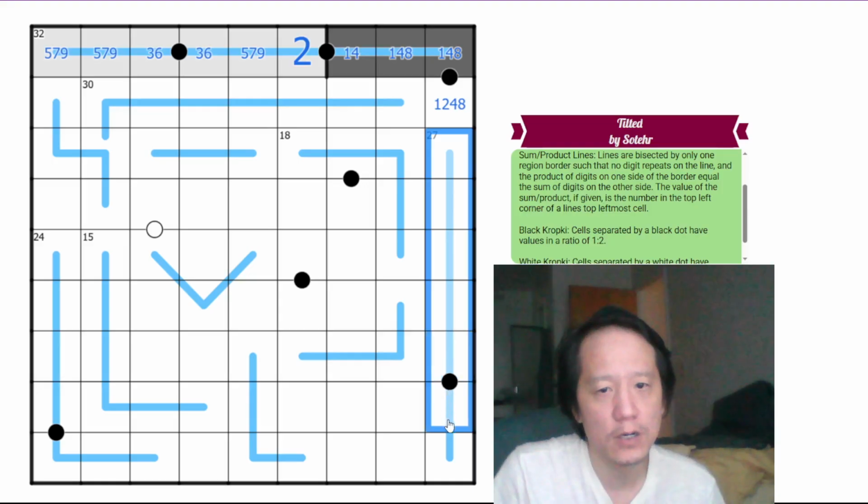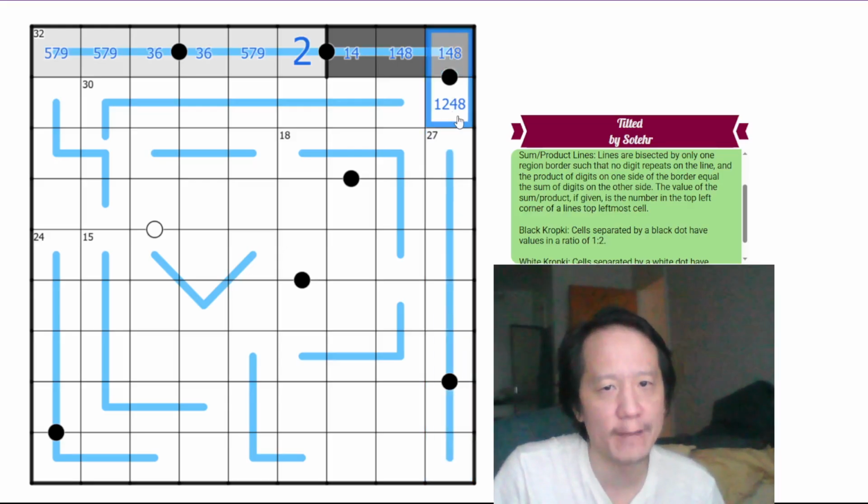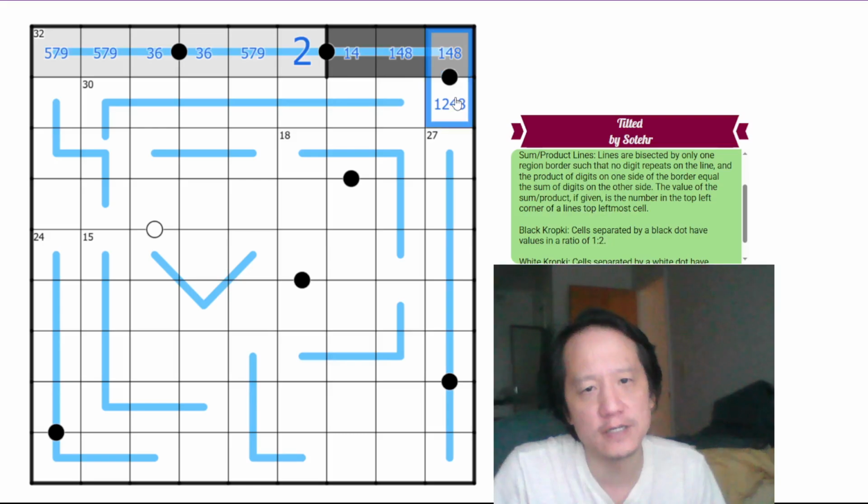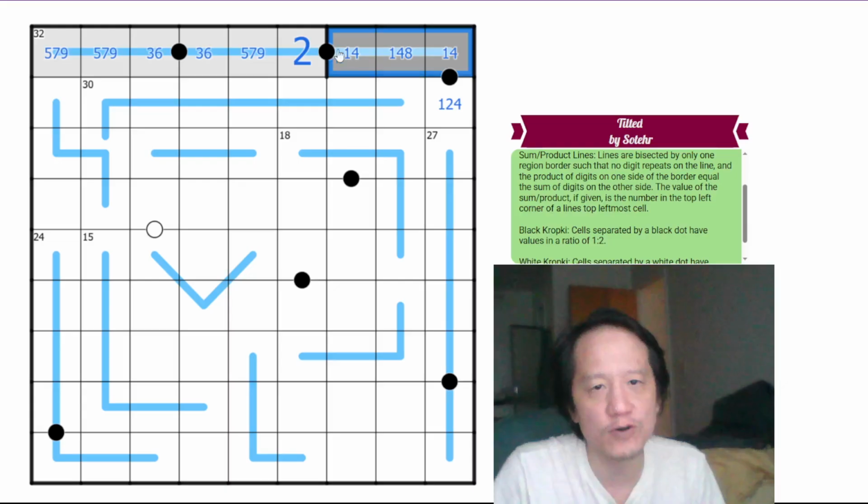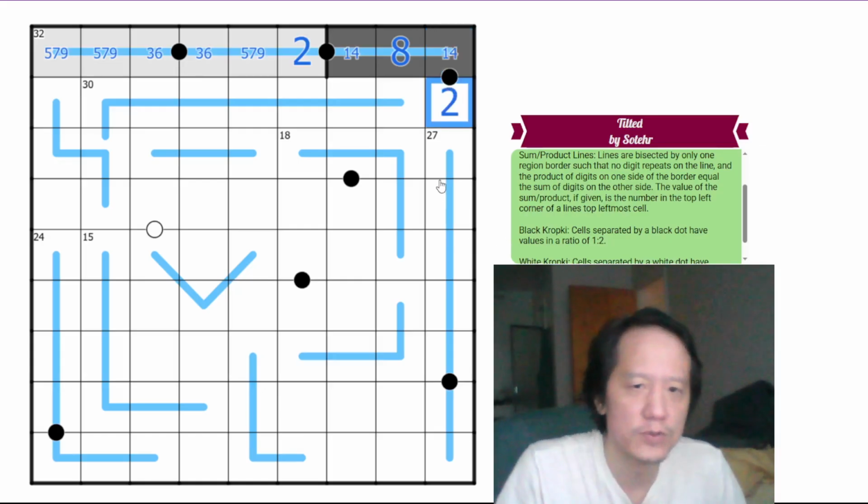So that means this adds up to, at most, 45 minus 39, which is 6. So this is guaranteed to not have an 8. This becomes a 1, 4, 1, 4 pair, which eliminates 1 and 4 in the rest of the row. So this must be an 8. This 1 and 4 is in a 1 to 2 ratio with only 2. So that's 2.